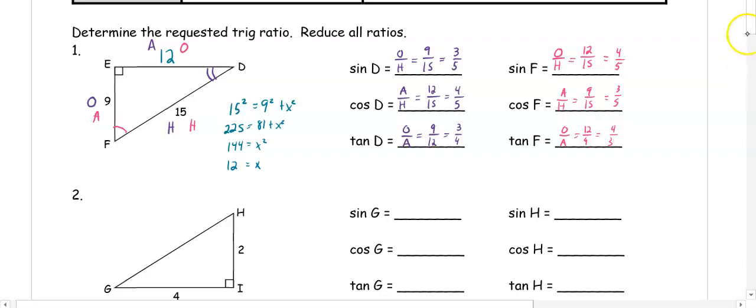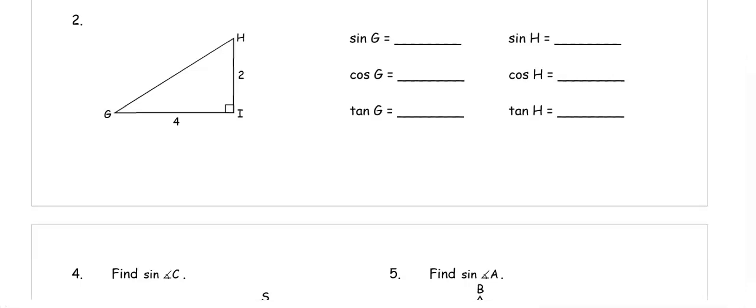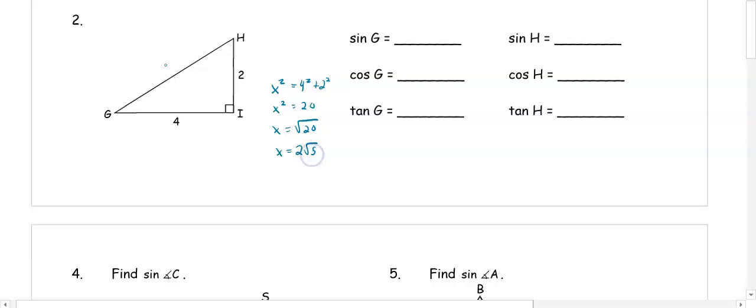So let's look at another triangle. So this time we are missing the hypotenuse. So we have x squared equals 4 squared plus 2 squared. X squared equals 20. So x is the square root of 20, which simplifies to 2√5.